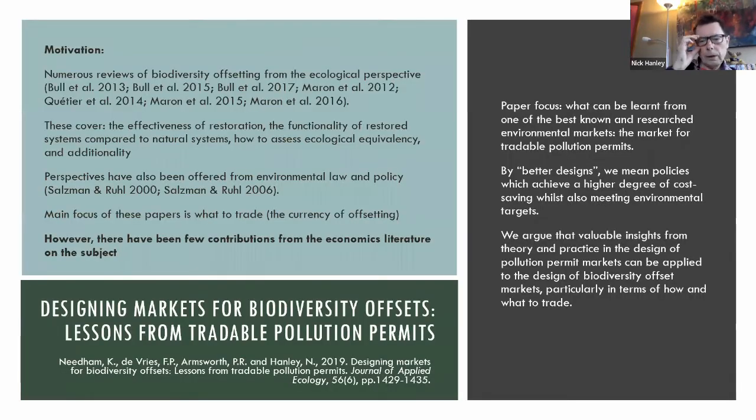So the first thing that we published, back in 2019 now in the Journal of Applied Ecology, was a paper where we said, well, biodiversity offset markets aren't unique in being a regulated, created market which provides an economic incentive for agents to improve their environmental performance or for society to achieve some environmental target.